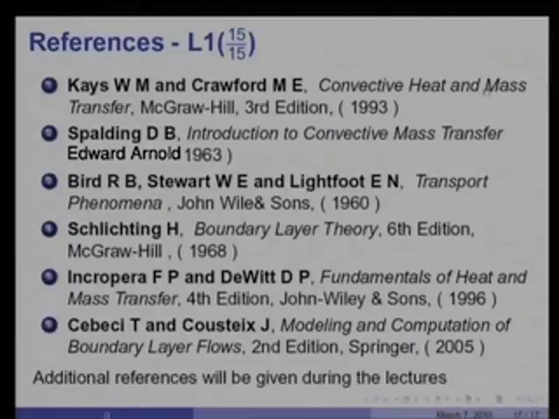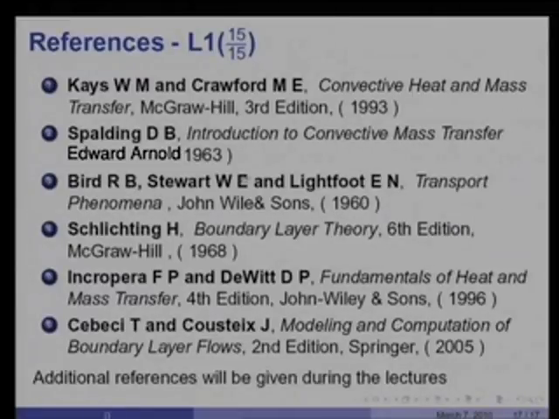In this book, the mass transfer aspect is largely based on a very exhaustive book called Introduction to Convective Mass Transfer by D.B. Spalding. It was written in 1963, but Kays and Crawford have brought in the modern notations and made the entire formulations much easier to access and grasp.